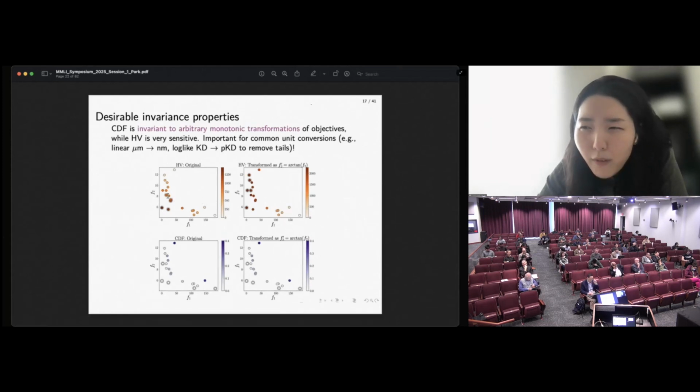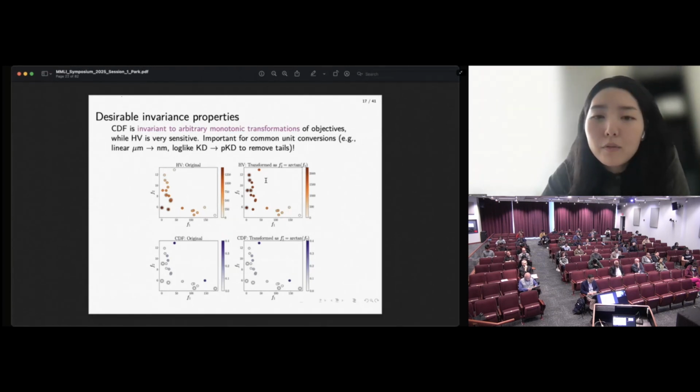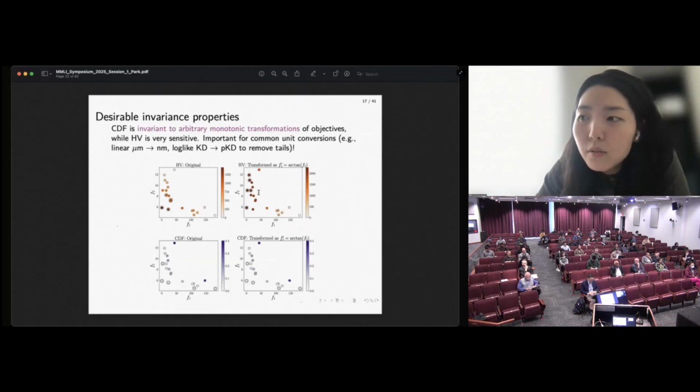The 5 molecules that are shaded in gray are the top 5 according to HV. Now we squash F2, the vertical property, with the arctangent function, and then reevaluate the hypervolume. Based on the colors, we see that hypervolume is dramatically different, and that now it favors molecules with low F1, and it doesn't care about F2 because F2 has been squashed. We do the same thing with the CDF metric, and the ranking doesn't change.